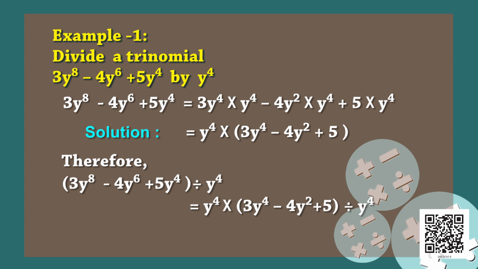Now, by cancelling the common factors y to the power of 4 in the numerator and denominator, we get 3y to the power of 4 minus 4y square plus 5. In this way, we can perform the division of a polynomial by a monomial.